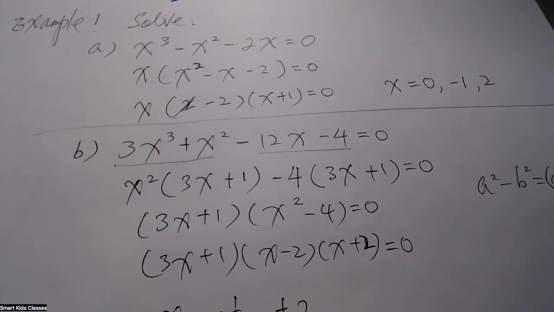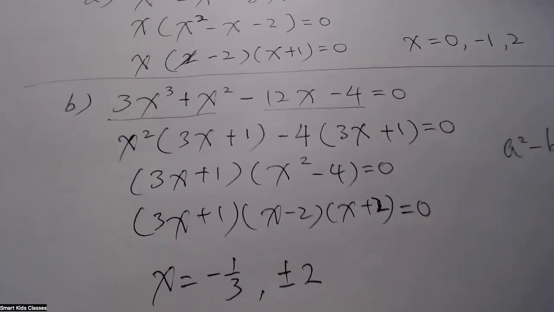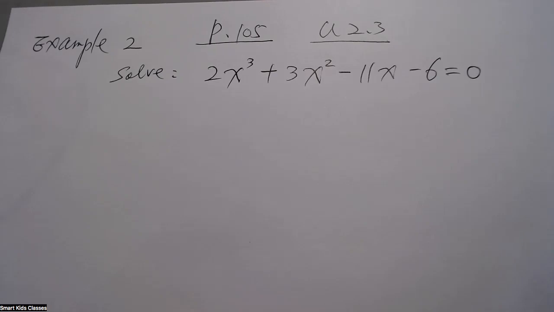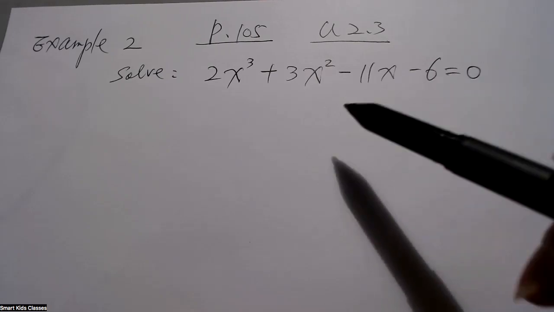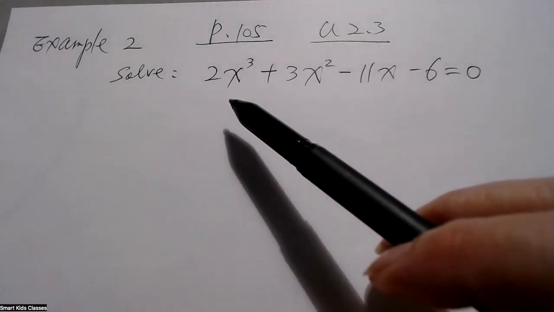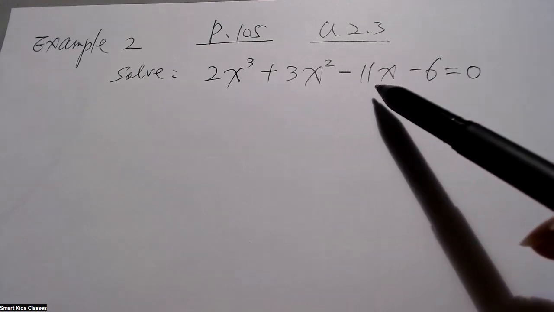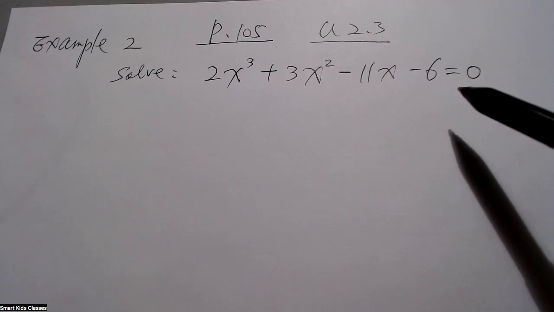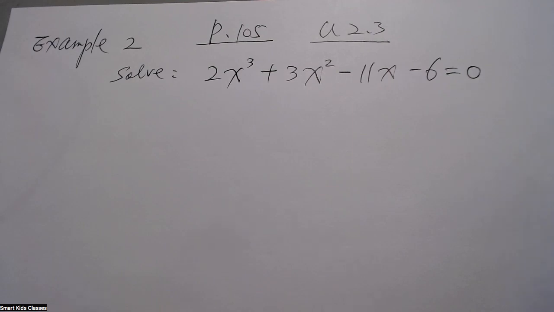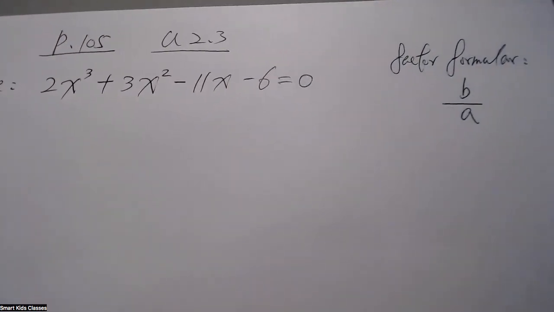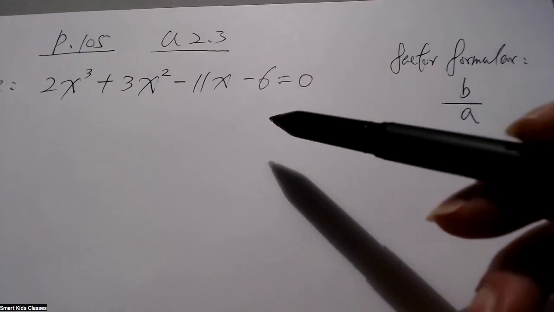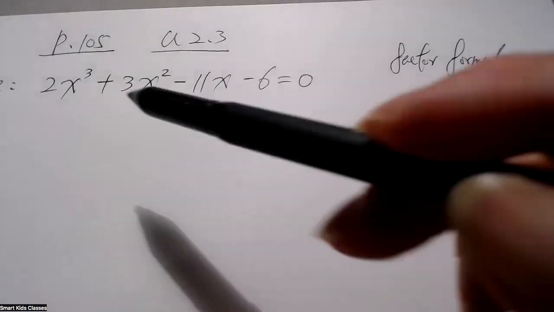We are going to do example 2. The function is 2x exponent 3 plus 3x exponent 2 minus 11x minus 6 equals 0. From here, we're going to apply the factor formula. This is the b and that's the a.